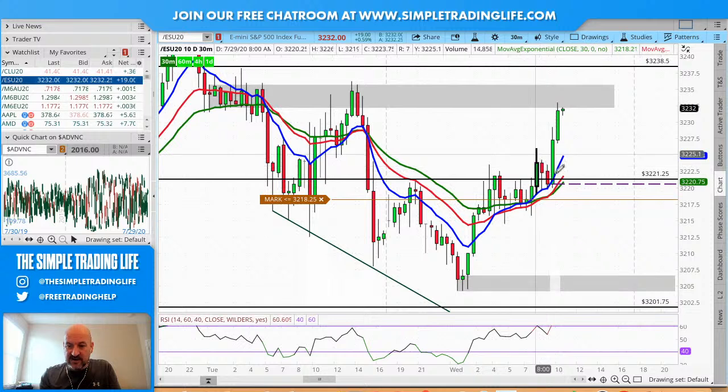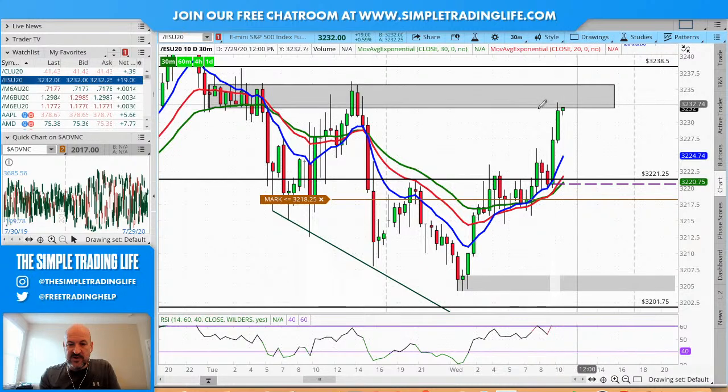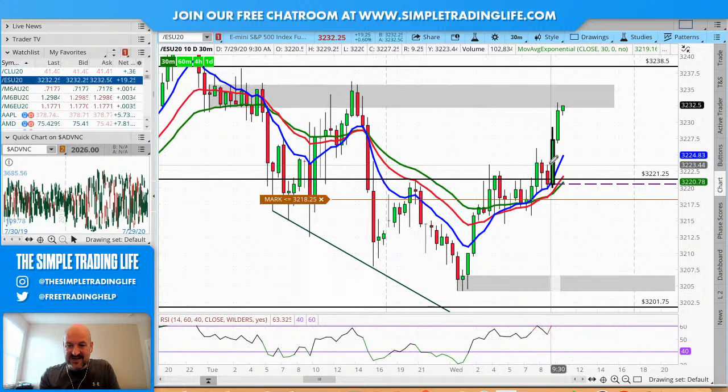Look at this J hook. See that? That's a beautiful J hook. Came down, held the 10, slingshot right back up. Here would have been your target, the bottom of here. Your entry would have been taking out this candle right there, the top of that. So let's see what that could have produced. 32.2350.